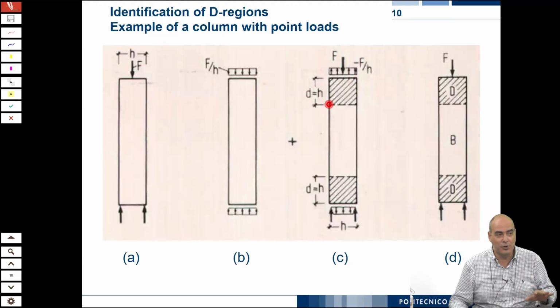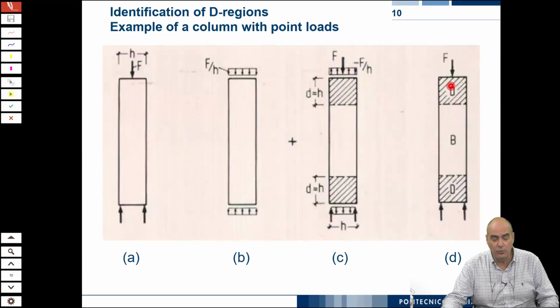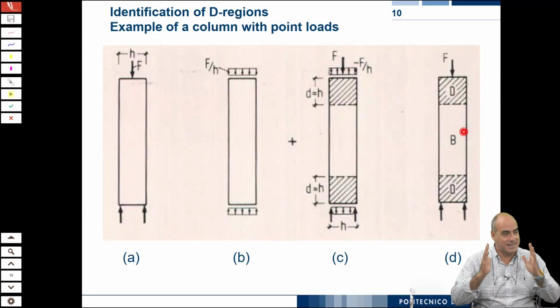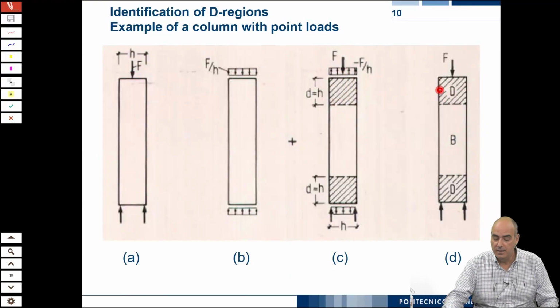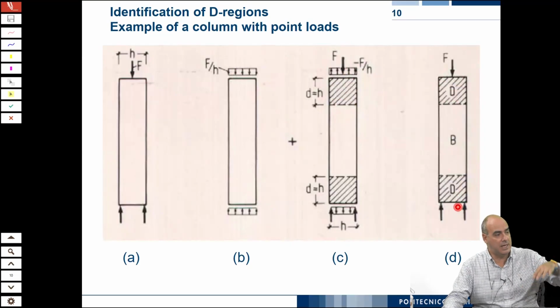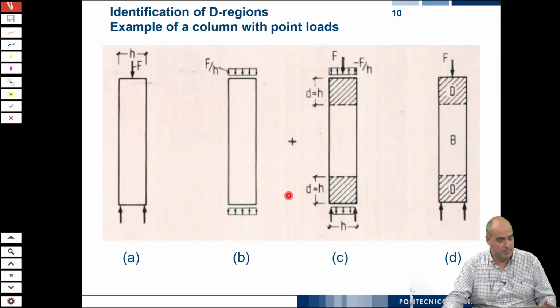The resultant is 0, so you don't feel any other effect. So this is the way to identify the sides of the D region. And so this column will have 2 D regions, at the top and at the bottom, equal to the side of the cross section, and the rest will be a B region that you can design as a B.